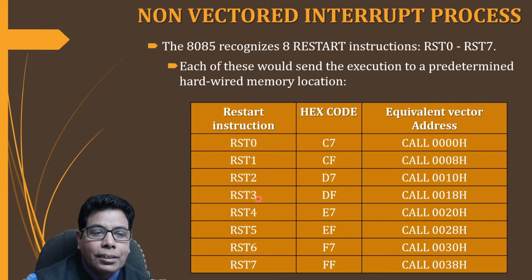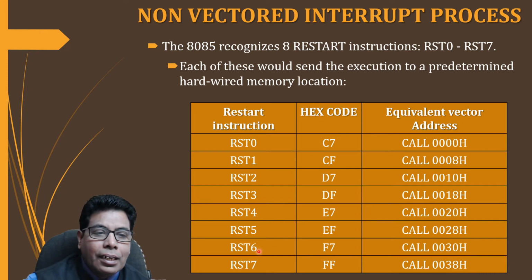Then for RST3, the address will be 24, in hexadecimal it is 18. Then RST4 will get 20. Then RST5 will be 0028. RST6 will be 0030.